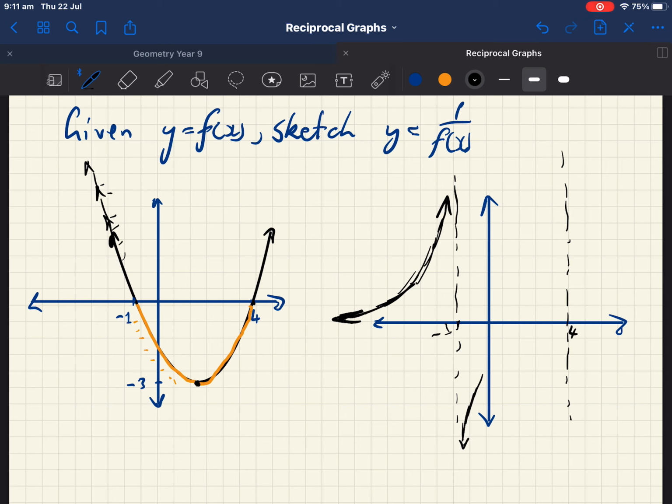We have no means of determining that y-intercept. I'm talking about what's going to be our turning point. See here, we actually knew -3 was the bottom point. And so when we were doing our reciprocal, what's 1 over -3? It's -1/3. So we know it actually goes up to that point there, -1/3.